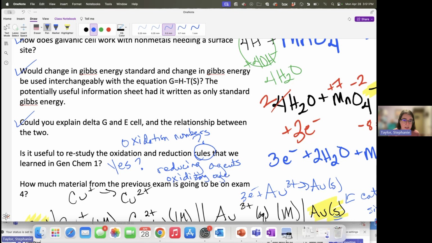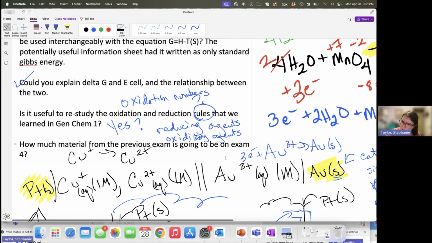You actually do still need oxidation numbers, because if you need to figure out how many electrons are transferred, if we give you a brand new reaction, sometimes those oxidation numbers are the things that you need for that. Reducing agents and oxidizing agents don't come up as often, but they are still things we expect you to know. I expect you guys to be comfortable with that language.